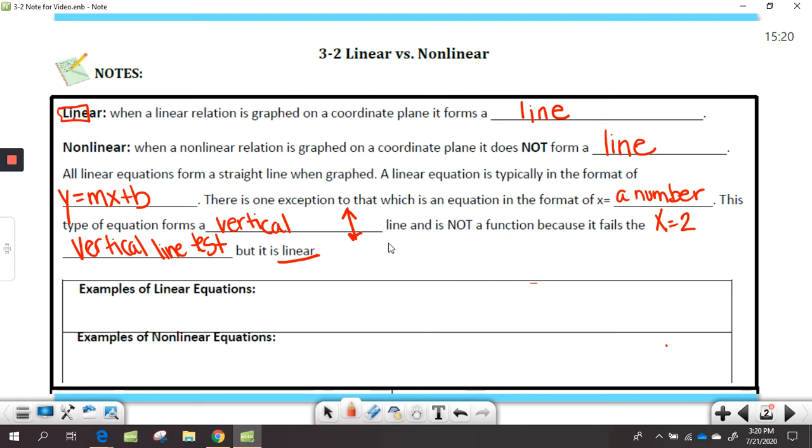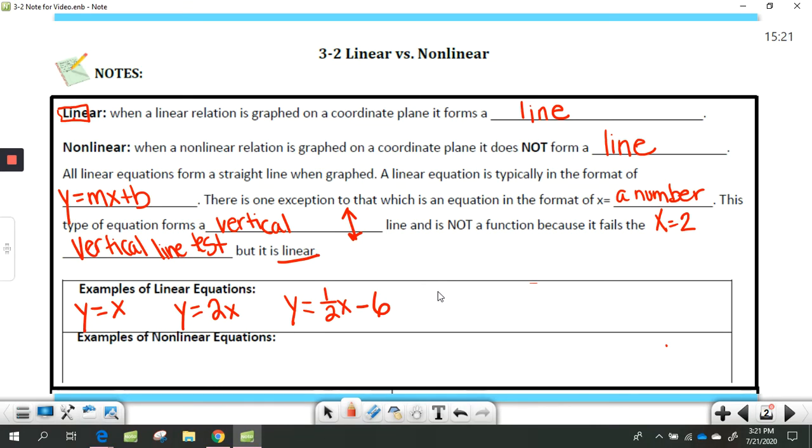Some examples of linear equations include the parent graph of a linear equation, which is just y equals x. You may have a coefficient on your x, such as y equals 2x. You might have a constant in your equation, so you have a coefficient on your x and then maybe a constant attached. That's slope, and these are all in slope-intercept form.